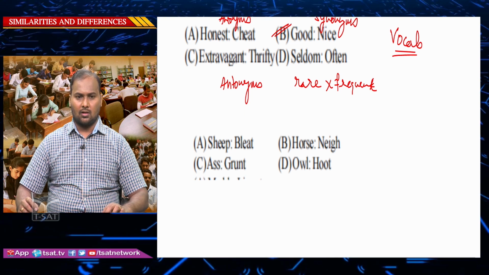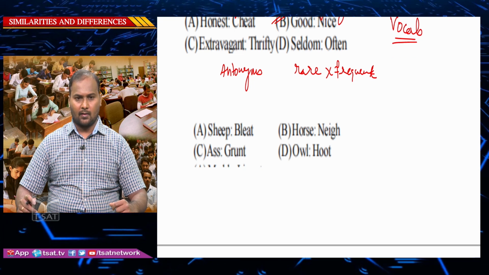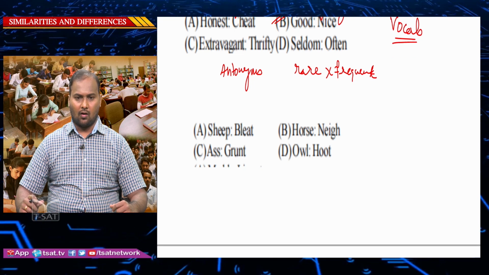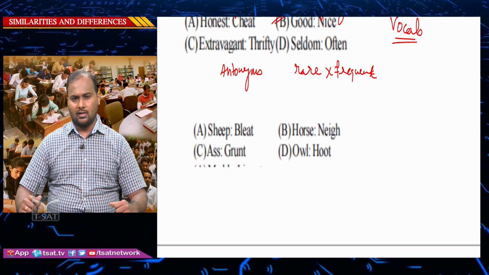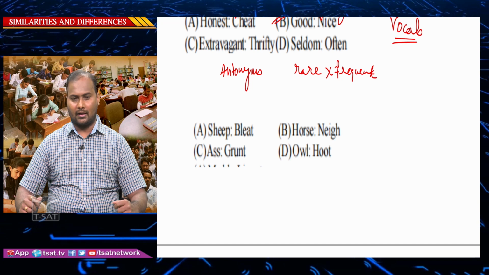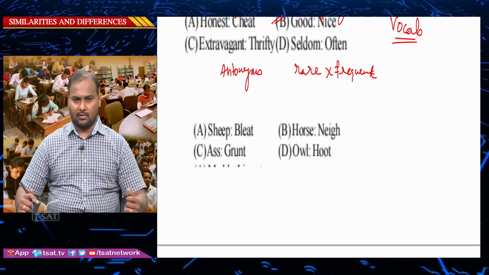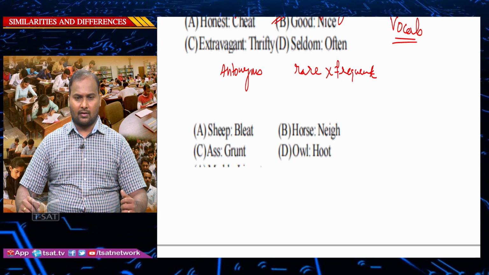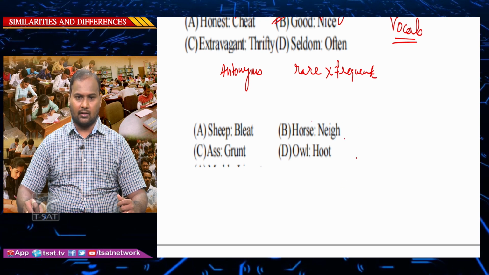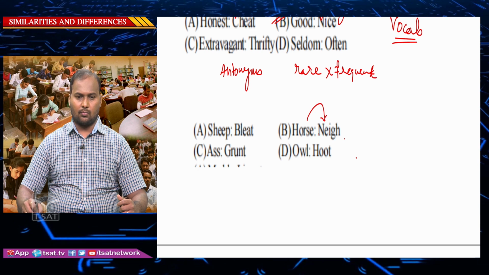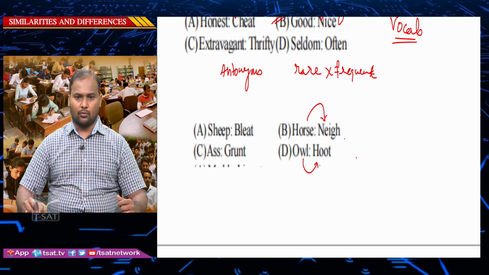Next one. See the next question. Sheep bleat, horse neigh, ass grunt, owl hoot. Here it is talking about general knowledge regarding the sounds produced by different animals. For example, what is the sound produced by the horse? We call it neigh. What is the sound produced by the owl? It is called hoot.